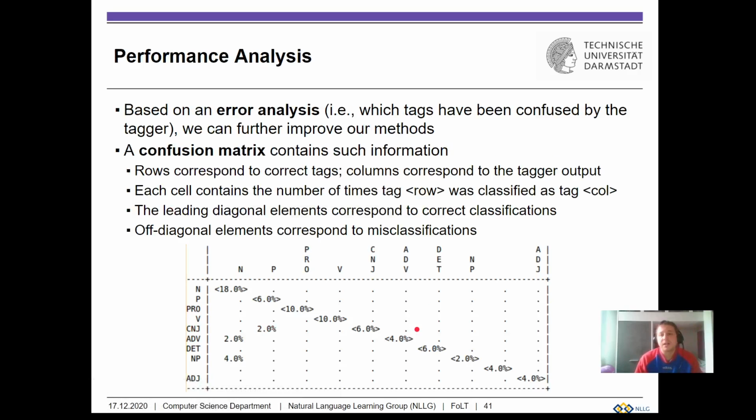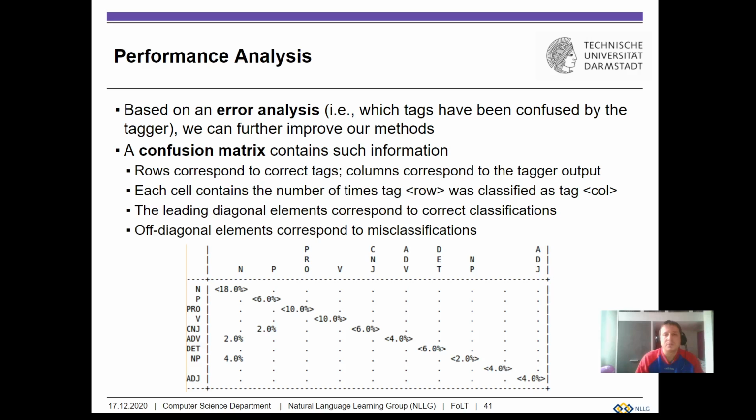Good. Finally, we go a little bit into something which is also very important and often underestimated by students, namely error analysis. Error analysis is important to find cases where your model fails, and this analysis can then help you to improve your model. What is very common is a so-called confusion matrix.